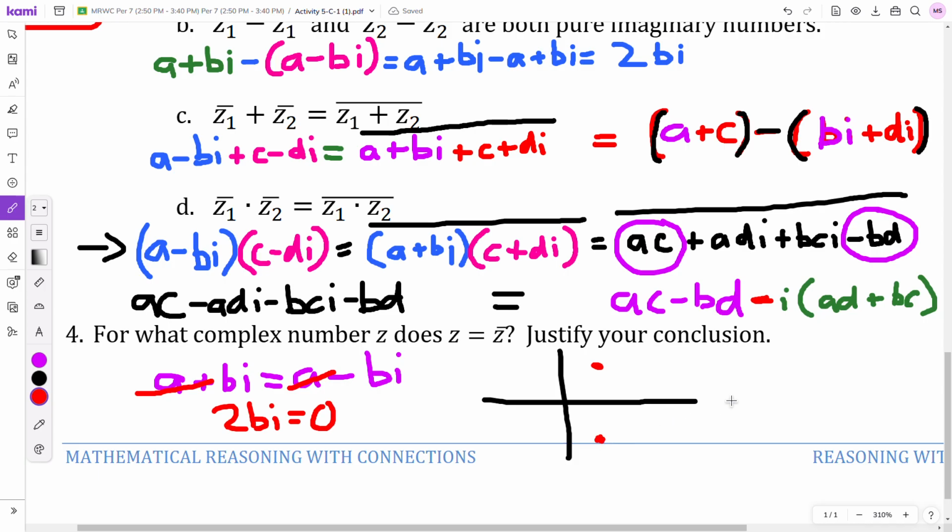It's going to be the reflection. So if this right here is A plus BI, then this right here would be A minus BI. And so, in other words, where is there no reflection? Well, if it's anywhere on this axis, and that happens to be the real axis, so in other words, it has to be a purely real number.